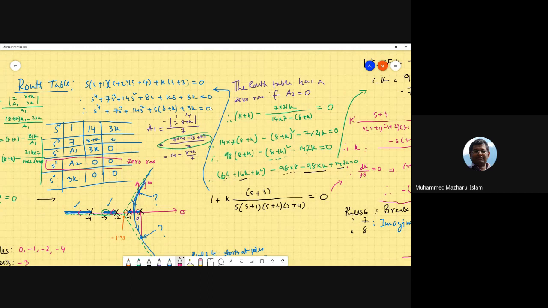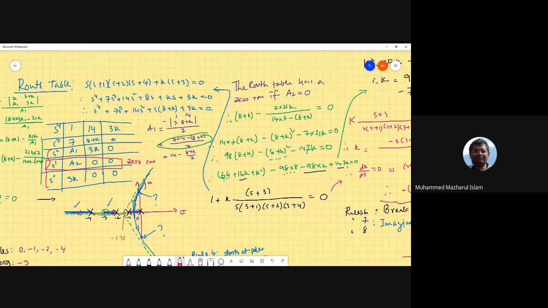Now do you remember that the even poles occurred because of the sign changes in the first column of these rows, the row above the 0 row to the bottom of the table? So the row above the 0 row is s square, so you have to check whether A1 is negative or not. Remember these poles come in pairs and there are only two even poles.